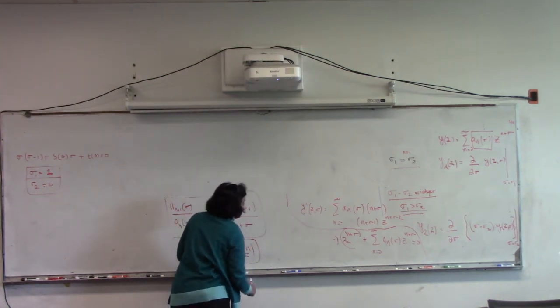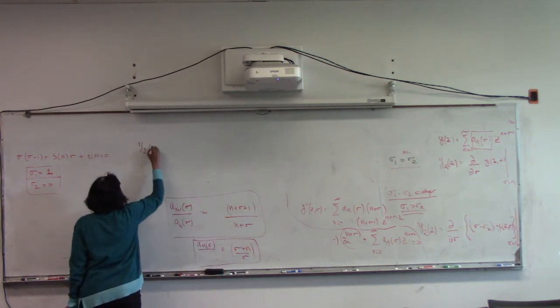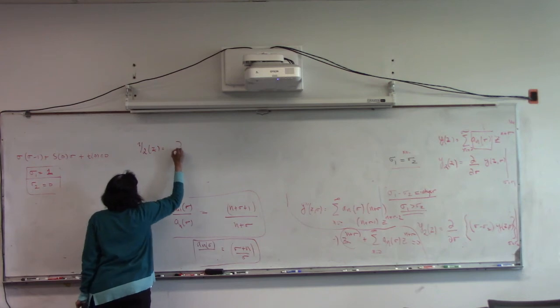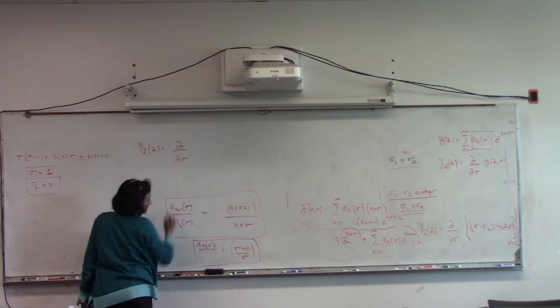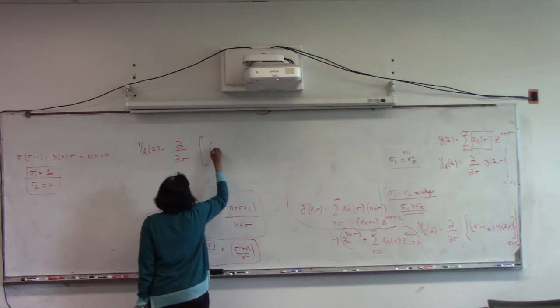All right, so I need to calculate this. y to z is partial with respect to sigma of all these things.